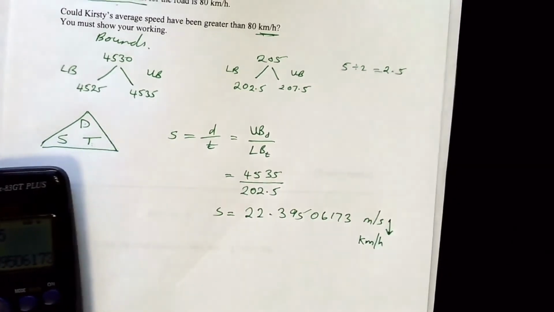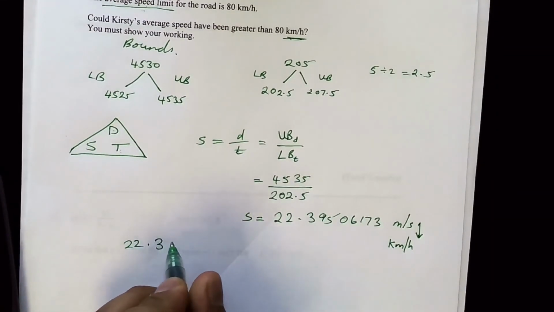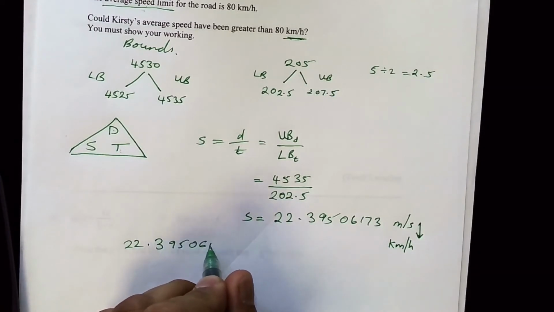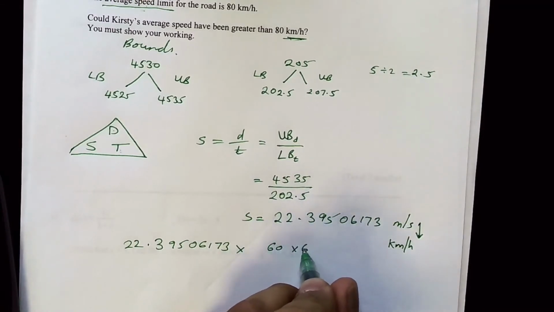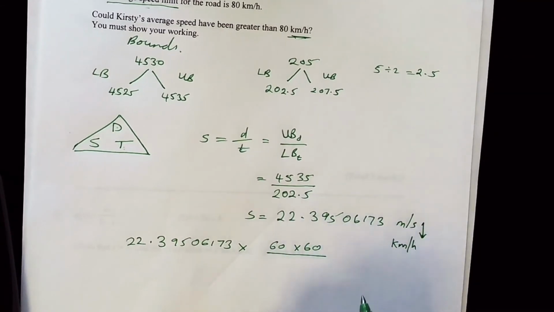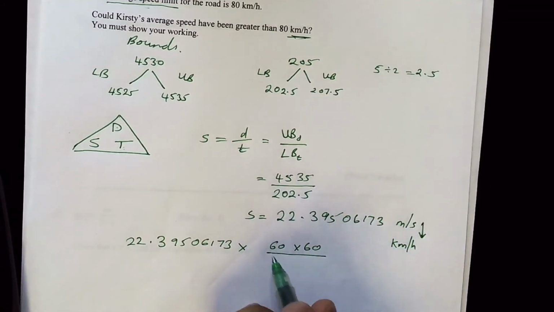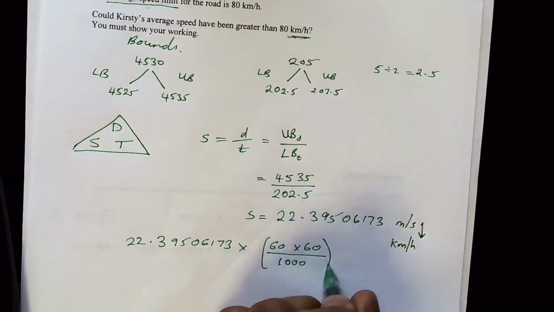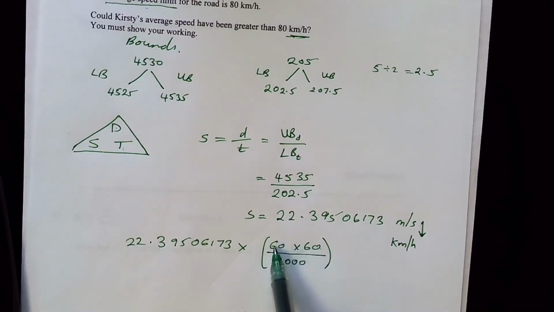To convert it, we'll use that value 22.39506173, and I'm going to times it by 60 times 60, so 60 seconds times 60 minutes, and then divide that by 1,000 to get from meters to kilometers. So 60 times 60 converts from seconds to hours, and divided by 1,000 to get to kilometers.